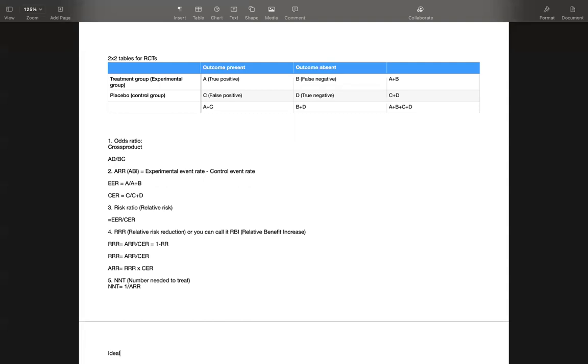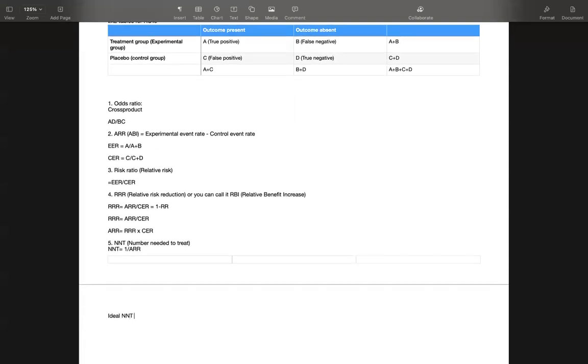the ideal NNT is 1. We have another term which is also known as NNH. NNH is the same thing as NNT.